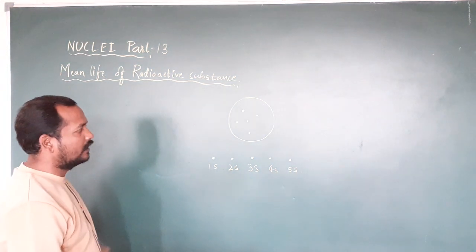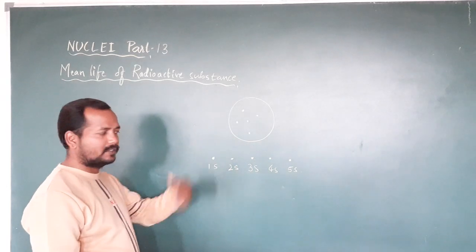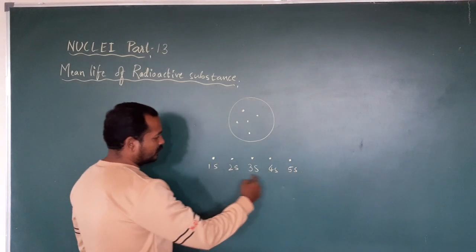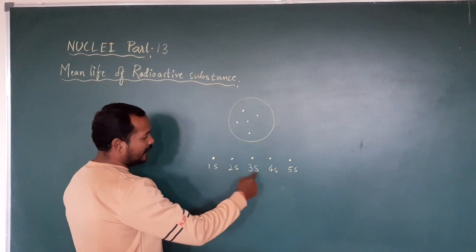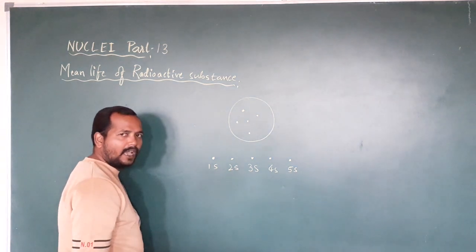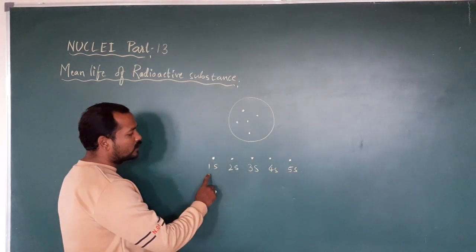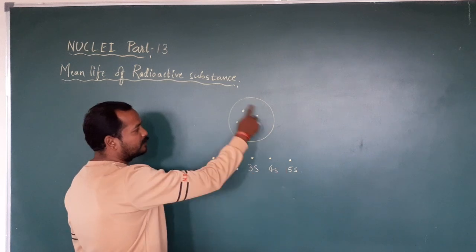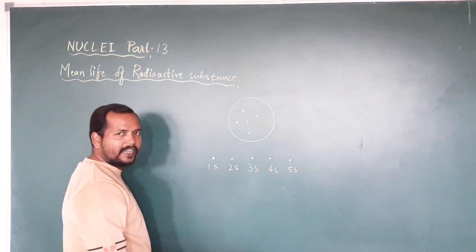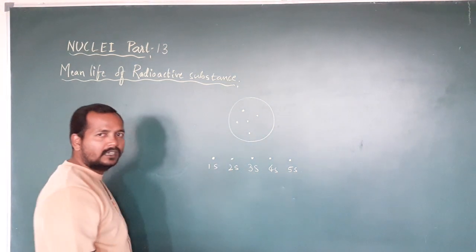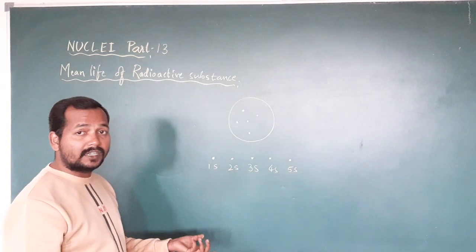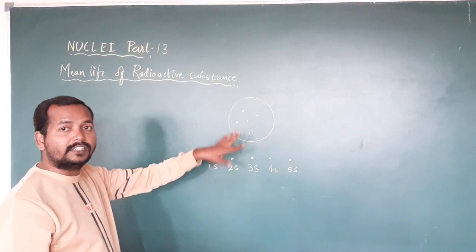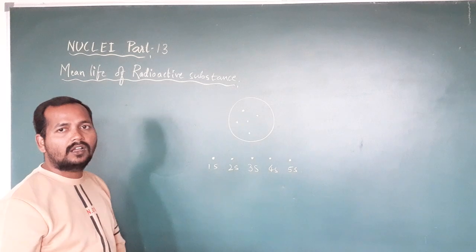Then the mean life of this radioactive substance is defined as the ratio of the total lifetime of all the atoms present in a radioactive substance to the number of atoms present in that radioactive substance initially. That ratio is called mean life.